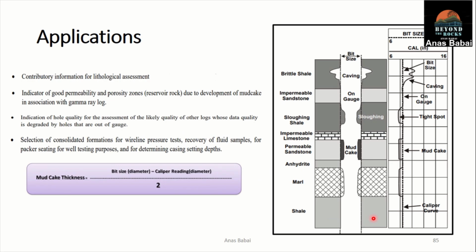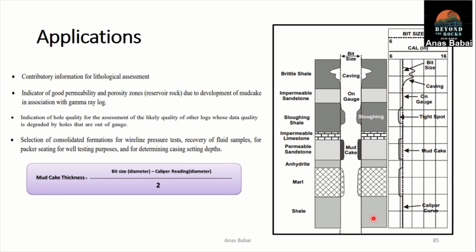So the application of caliper log, we can identify the lithology, as we said in the previous slide. Based on the changes in the borehole cross section, we can get a clue about the different types of lithologies in the borehole.